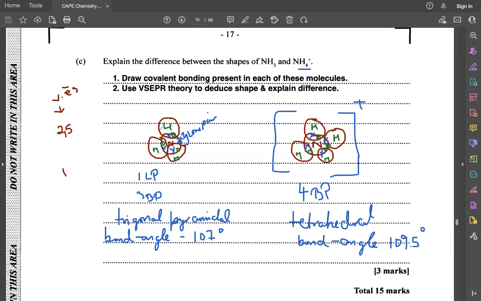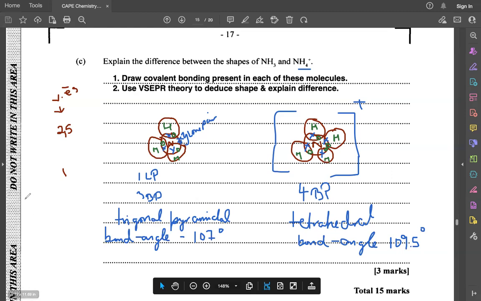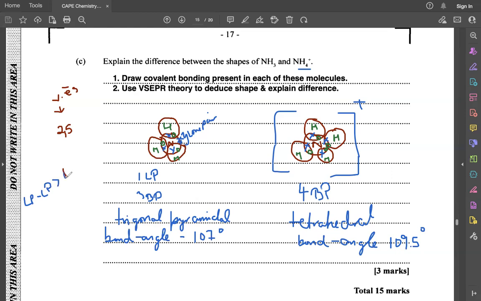So that's really how we explain the difference in the shapes that we see, right? In the one case, ammonia, there's 1 lone pair and 3 bonded pairs. And from VSEPR theory, let's recap the level of repulsion. Lone pairs are going to repel each other more than a lone pair and a bonded pair. And that's going to repel more than a bonding pair next to a bonded pair, right?